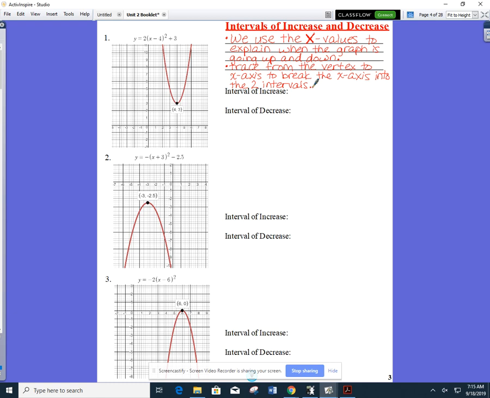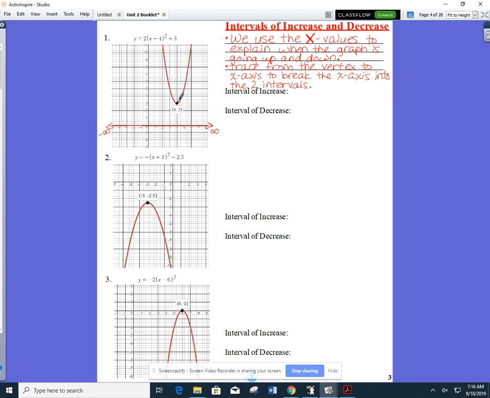All right. To do the first problem, I'm just going to highlight the x-axis because this is really what we need to use, the entire x-axis. And the x-axis is pointing to negative infinity on the left and positive infinity on the right.